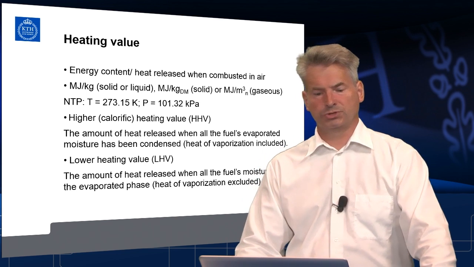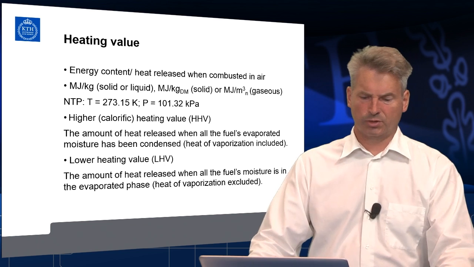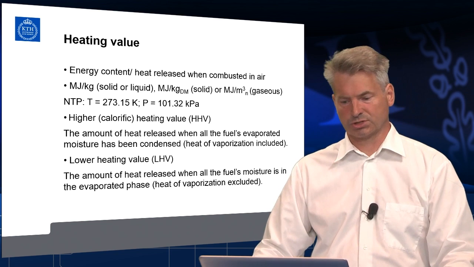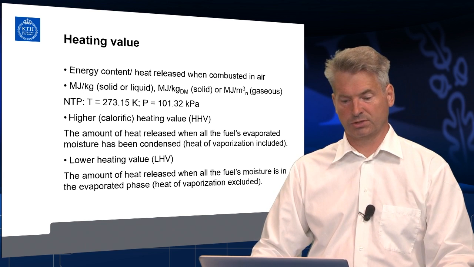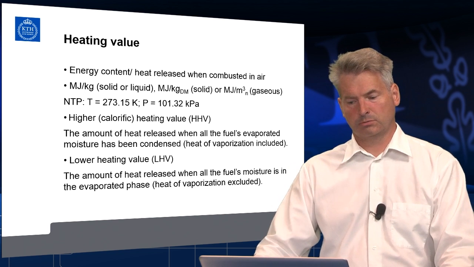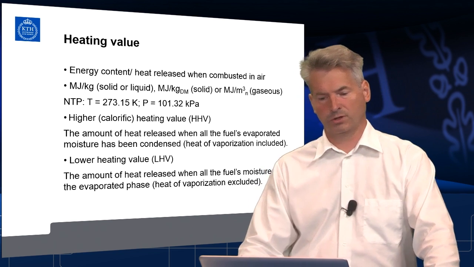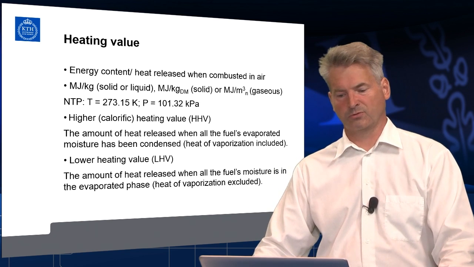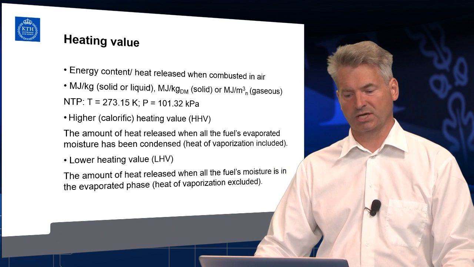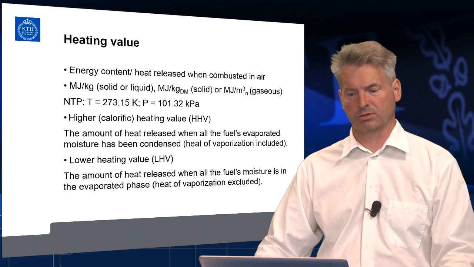In the energy industry, mostly the lower heating value is used, which is due to the heat of vaporization often not being used. If you have condensation of the steam in the flue gas and reuse the heat, then the higher heating value is interesting.